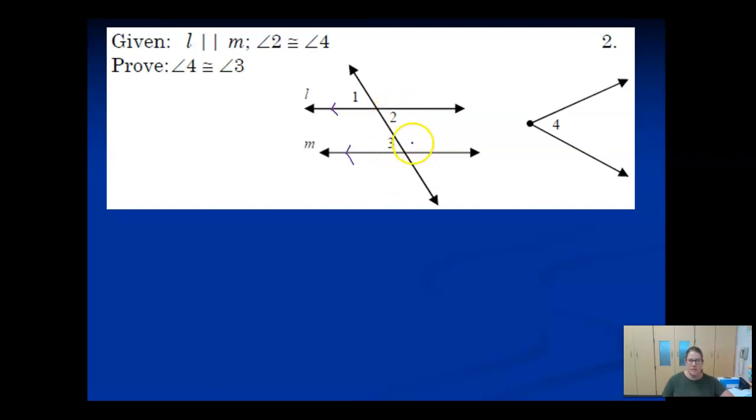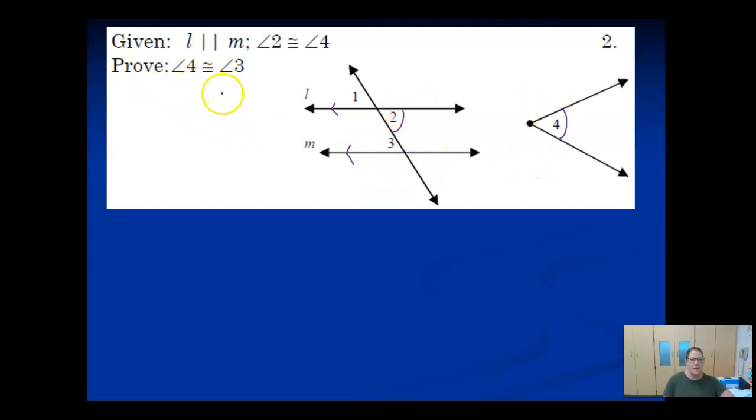It tells me same side interiors are supplementary, and et cetera. This one is telling me I have this little extra angle over here, angle 4. This is telling me that angle 2, so this angle, is congruent to angle 4. So that's given, okay? It's given the lines are parallel, and it's given that angles 2 and 4 are congruent.